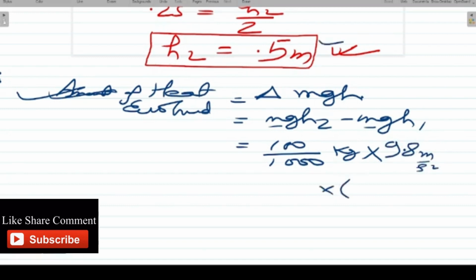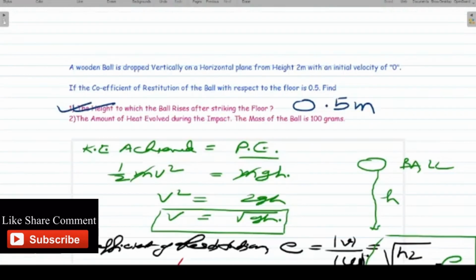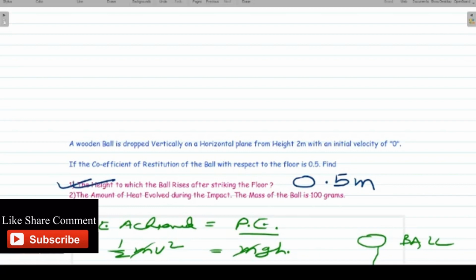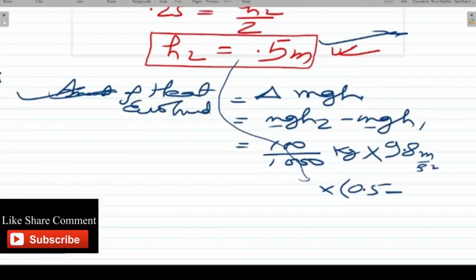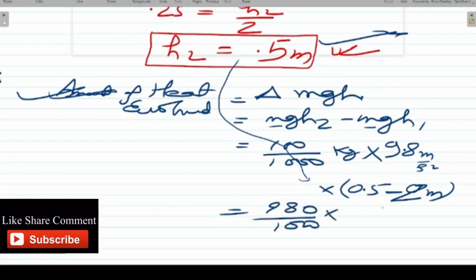We take the value of h2 here, 0.5 meter, minus the initial height h1, which is 2 meter. So the result will be 980 divided by 1000 into 1.5, with a negative sign.